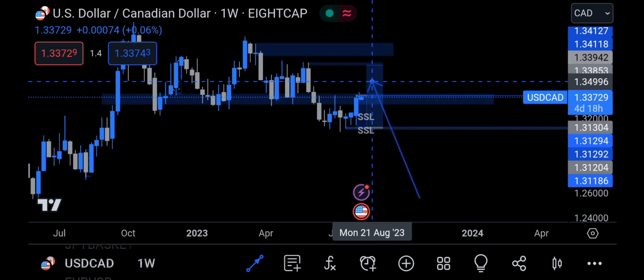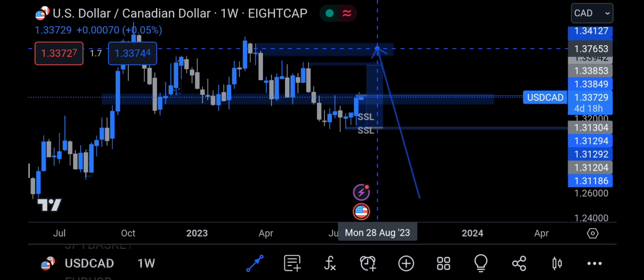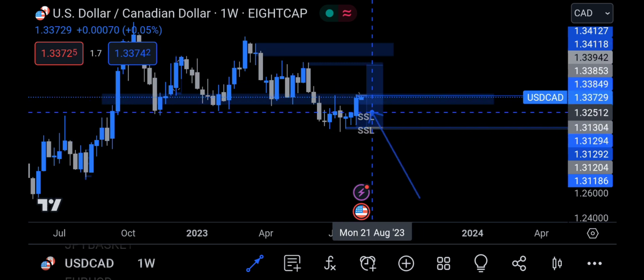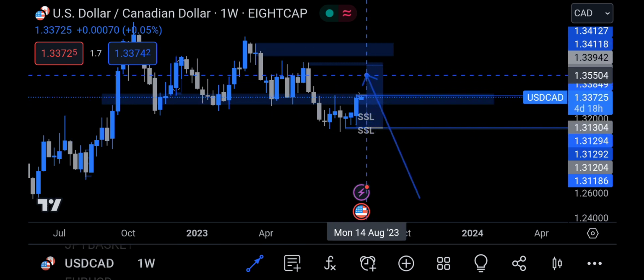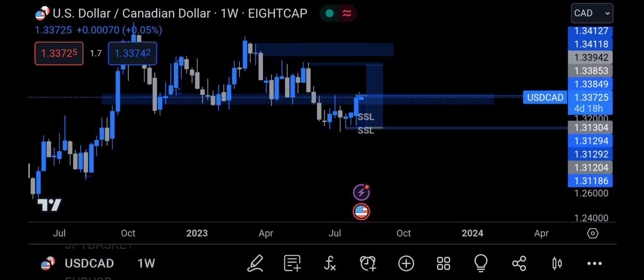So there's a good possibility of price moving to the upside. So in weekly, price is still bullish as well. So we'll go to daily.